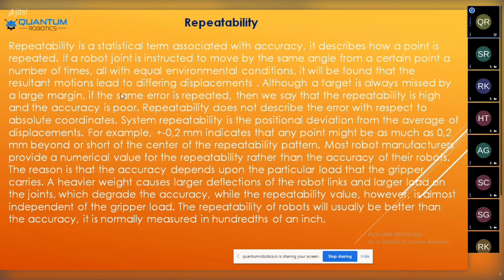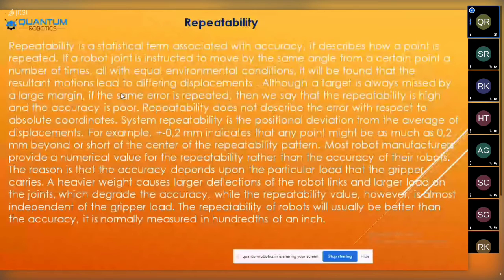If a robot joint is instructed to move by the same angle from a certain point a number of times, from one particular point it is repeated a number of times, with equal environmental conditions, it is repeatable within a particular variance of a task.